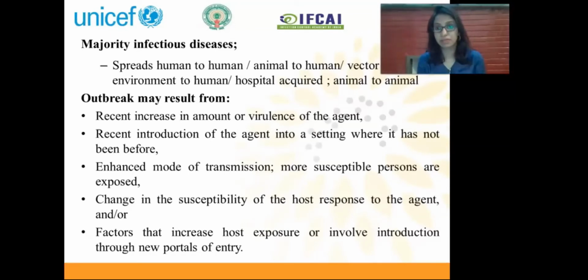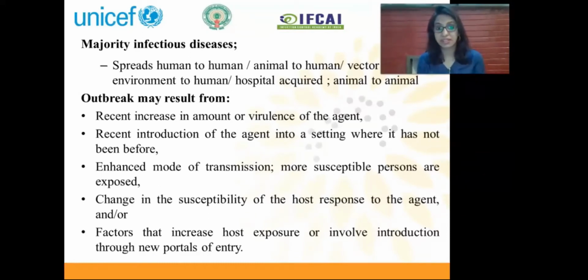So why may outbreaks happen? We know infections are already there everywhere. Usually outbreaks happen when there is an existing agent, but there is a sudden increase in the virulence of the agent. Like coronavirus has always been there in the communities and caused mild infections, similar kind of pneumonia-like infections.